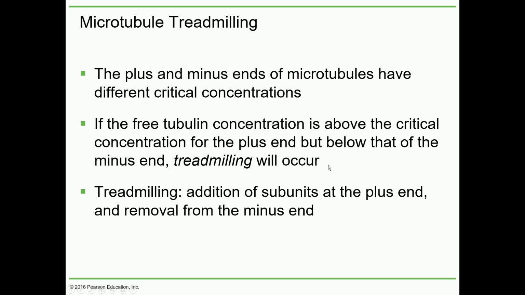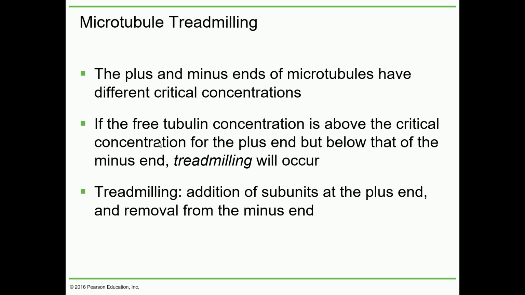So what is treadmilling? It is the addition of the subunits at the plus end and the removal from the minus end. So you know that the microtubules have two ends, the plus end and the minus end.